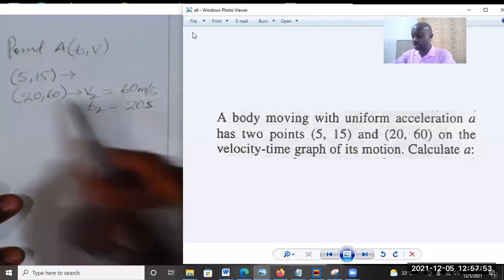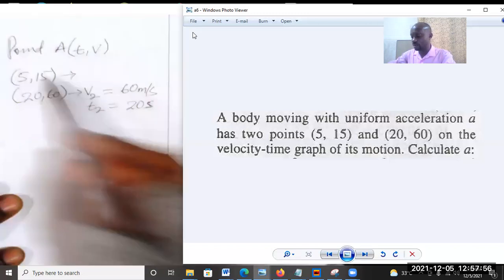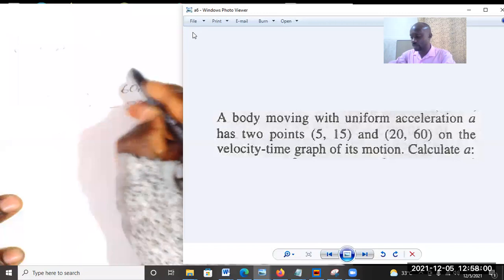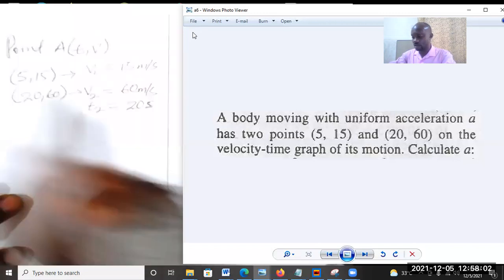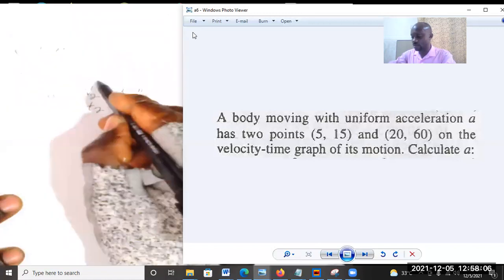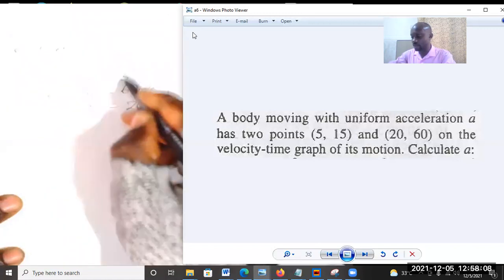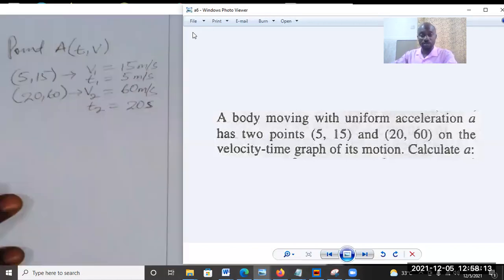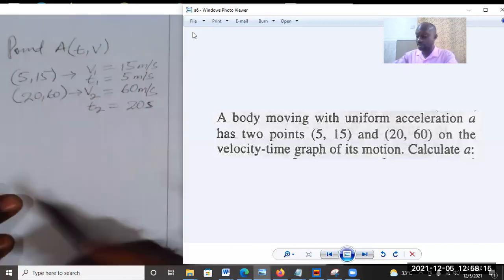And the other point here should be V1. V1 is 15 meters per second. And 5 here, T1 represents 5 seconds. The slope of a velocity time graph represents the acceleration.